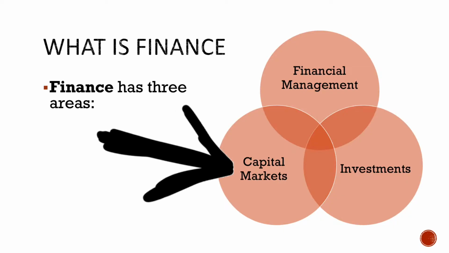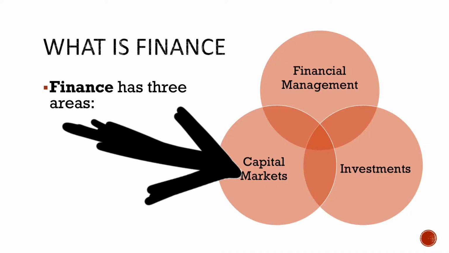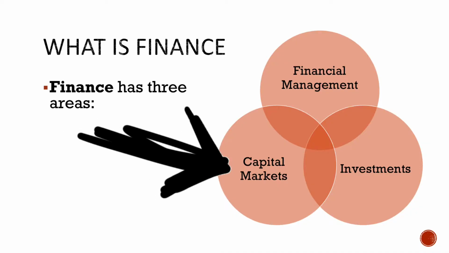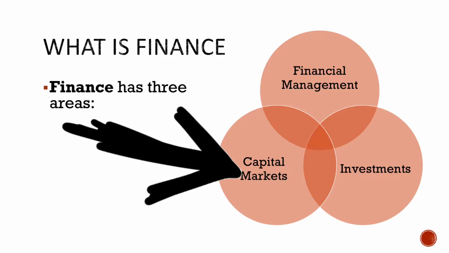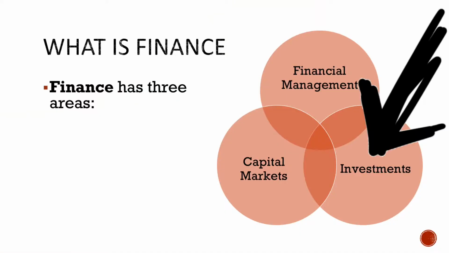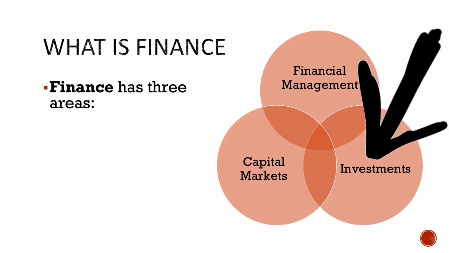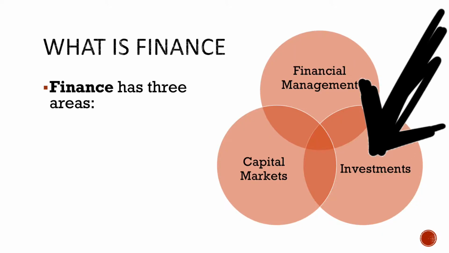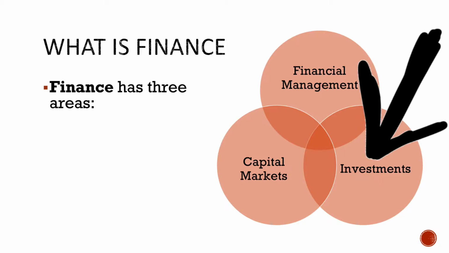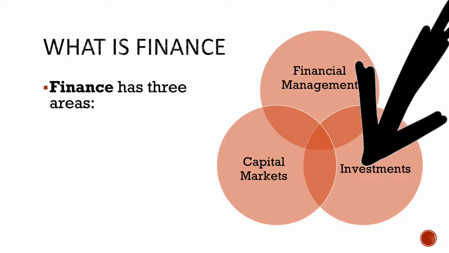Capital markets deal with the markets where interest rates and security prices are set. An example of this would be the stock market. Investments pertains to the analysis of bond, stock, or any security or fund's value.